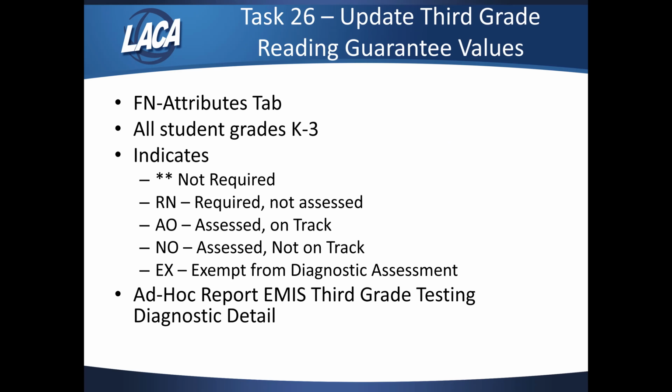Every student should have been assessed. If you had a remote learner that chose not to be assessed, they should be reported as required but not assessed. If you have a remote learner that you just didn't assess, they should be reported as required, not assessed.